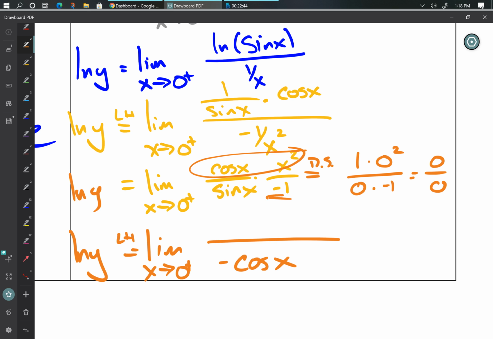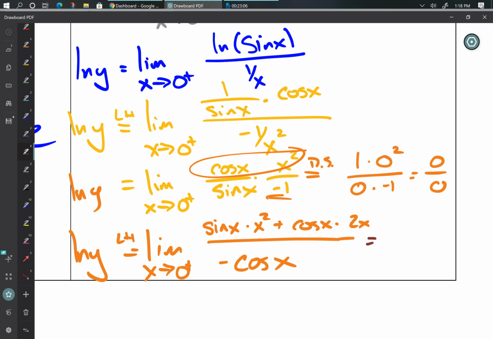My numerator, I've got to take the derivative of that mess. Cosine times x squared, that's product rule. So that's going to be sine x times x squared plus cosine x times 2x. And now we'll do direct substitution.